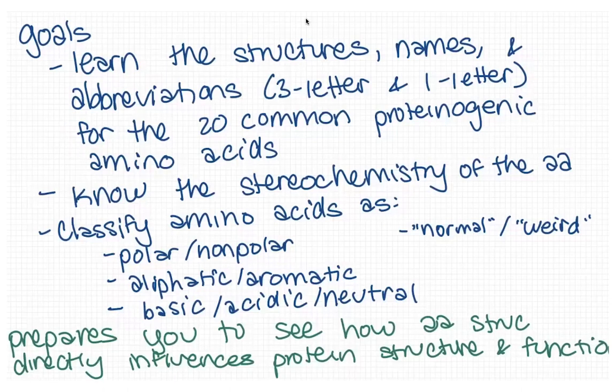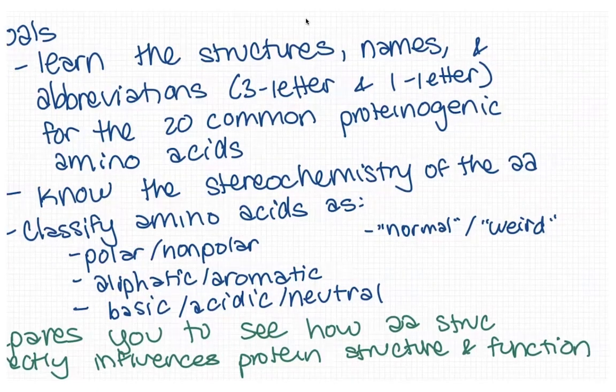So it's important to know these amino acids, know their structures, their names and abbreviations, know their stereochemistry, be able to classify them as polar or nonpolar, aliphatic or aromatic, and basic or acidic and neutral, and also normal and weird. Also be able to tell whether something is closer or farther from its side chain and how that might influence things. And we'll get much more into that.